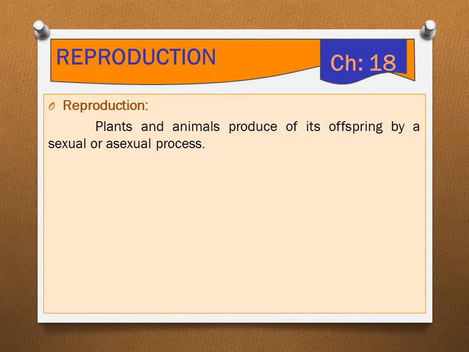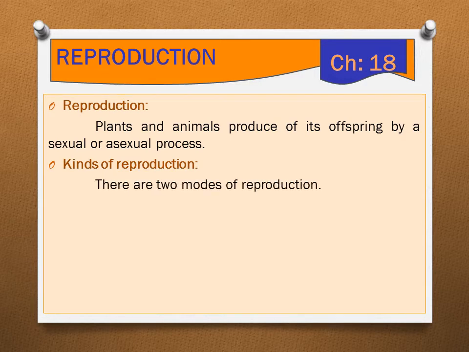The offspring produced by sexual reproduction are more resistant and have genetic variation in themselves.